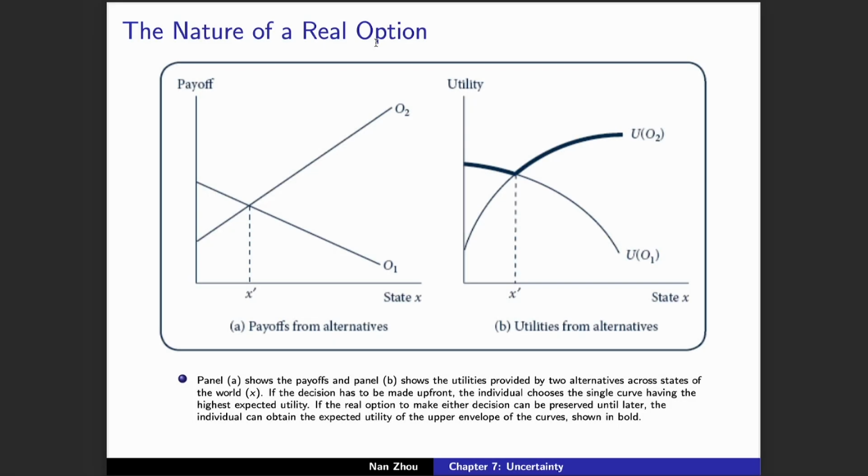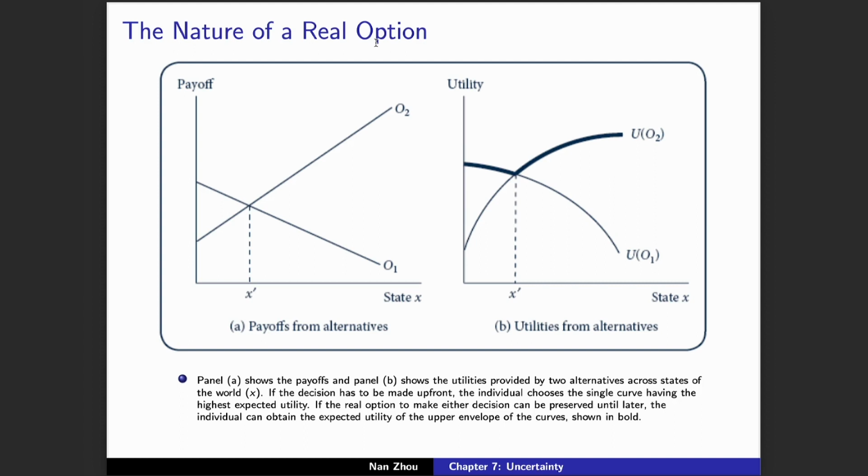In this diagram, the choice O1 is going to pay off well when X is low, while O2 pays off well when X is high. So the payoffs are shown on the left graph, and the utilities for a risk-averse individual are shown on the right graph.